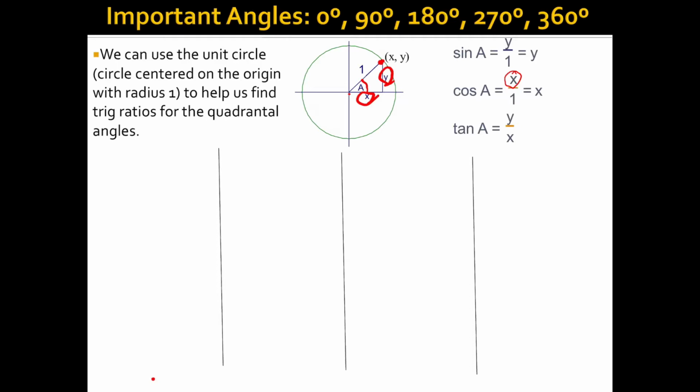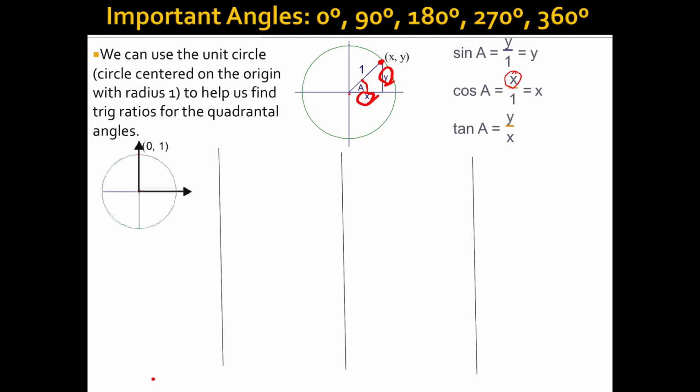It's y over x. So again, this angle A could be anywhere on the unit circle. We just picked a generic one there, but sine of any angle on the unit circle will just be equal to the y value. Cosine will be equal to the x value, and tangent will be equal to y over x.